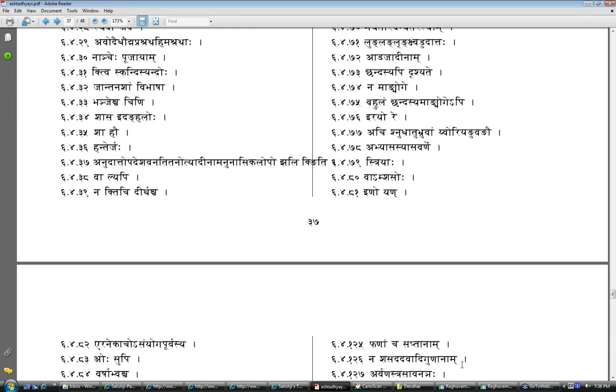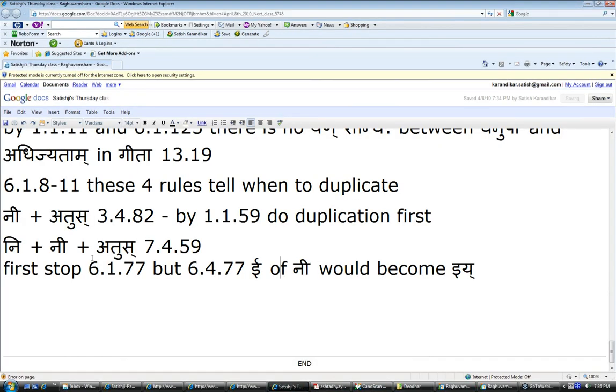Because the angam for us is the entire nini. This is the entire angam, because you take the entire left-hand side, yasmat pratyaya vidhi. So this entire thing was duplicated, and the anga is nini. It is anekachangaha, it is ending in i varnaha, and there is no sanyoga prior to the i.